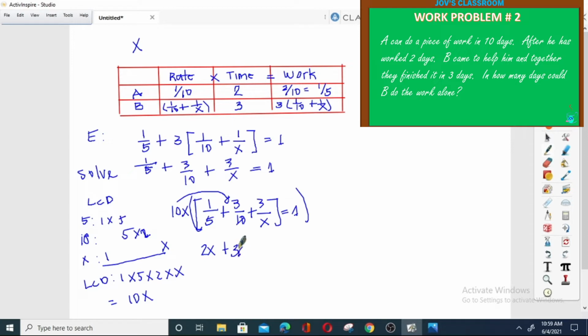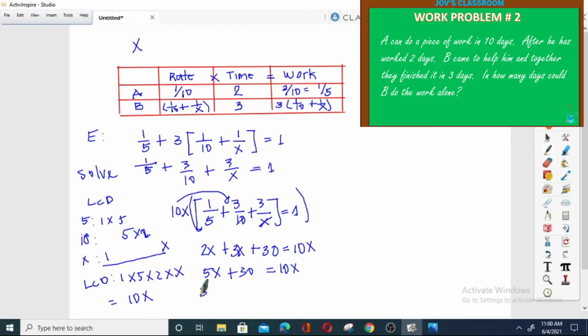This is 3x plus 10x multiplied by 3 over x. X will cancel out. So it will become 30 is equal to 10x. Combine similar terms, 2 plus 3 is 5x plus 30 is equal to 10x.